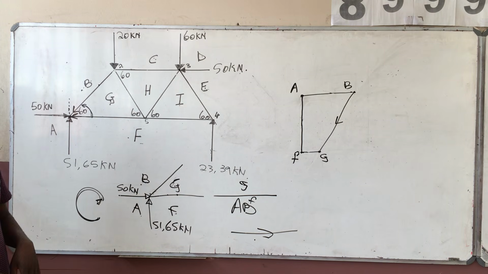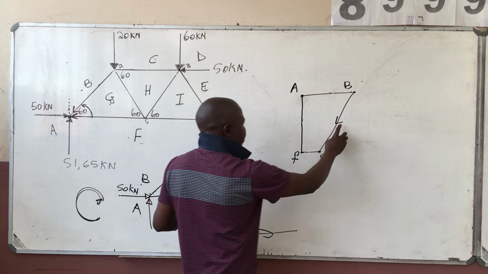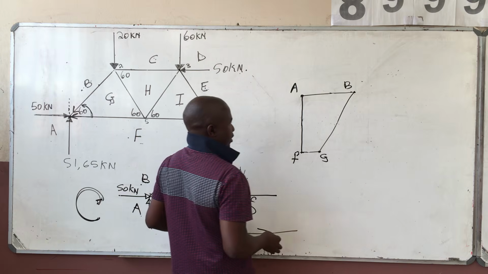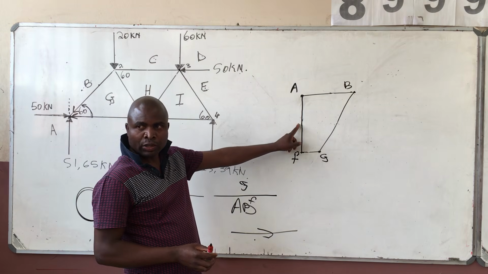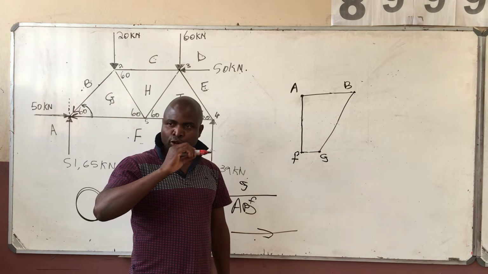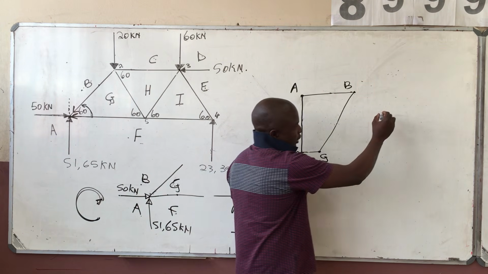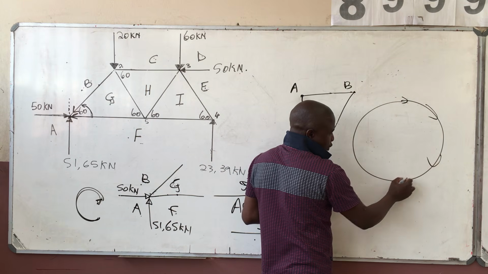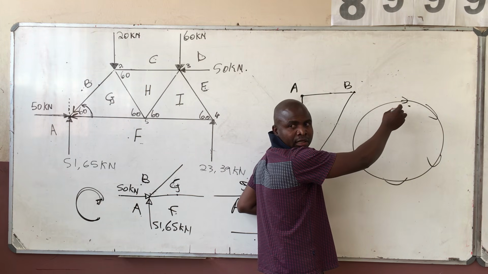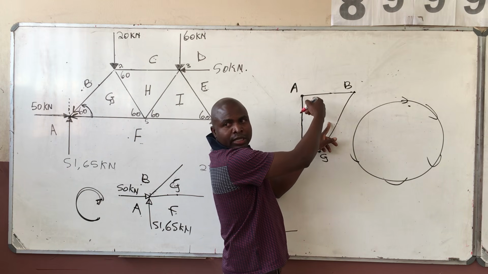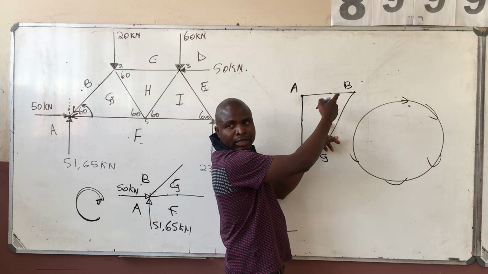Actually, the first arrow was going up. This one was going this way. So it must form a closed loop, meaning the arrows must follow each other back to the start. If we take it up, it means this arrow is going opposite to this one. Do you get my point?